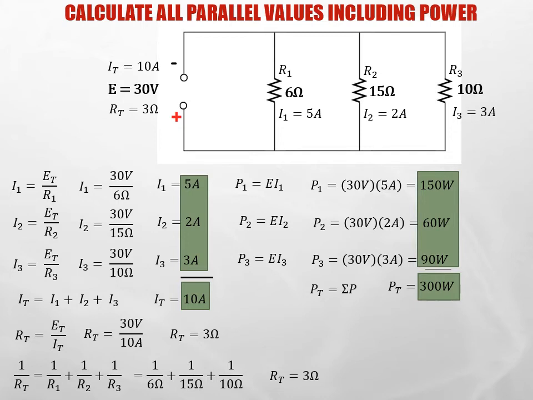How do we know that we can just add the sum of the individual wattages and get the total circuit power? Well, if we go back to our original Ohm's law formulas and we do PT is equal to ET times IT, or 30 volts times 10 amps, we again arrive at 300 watts.